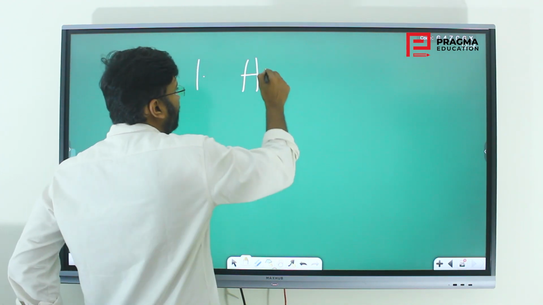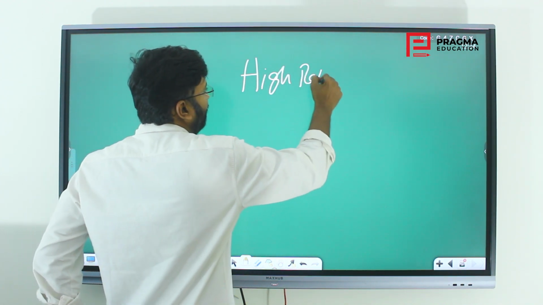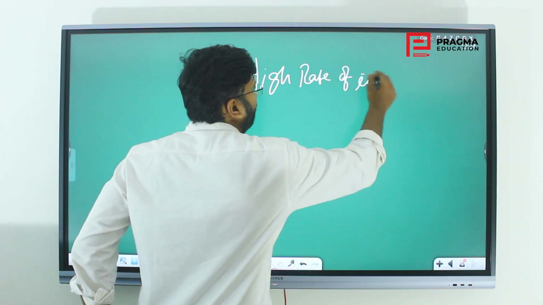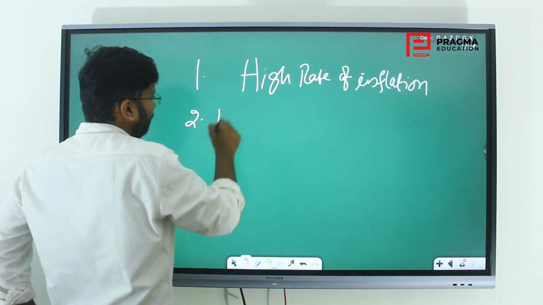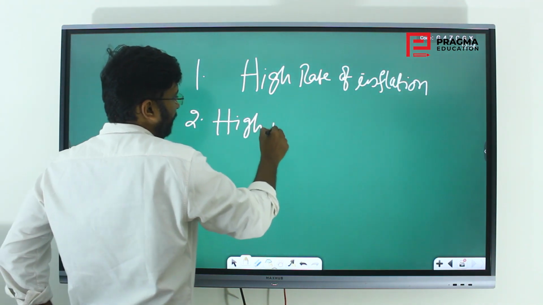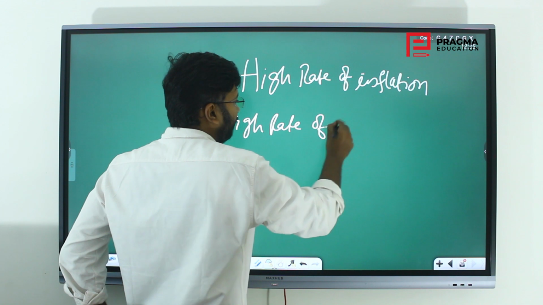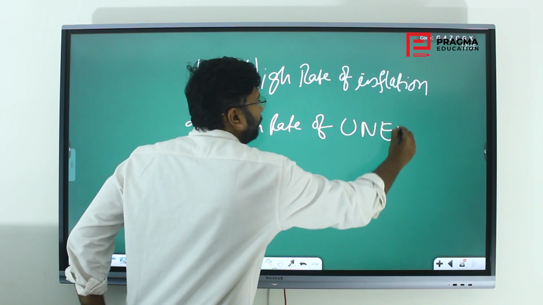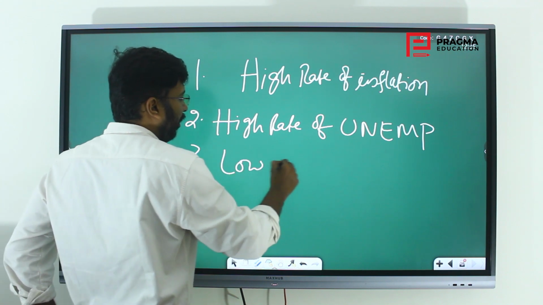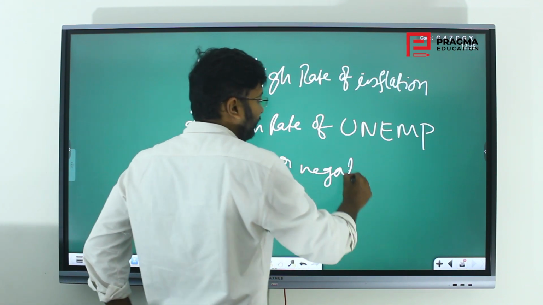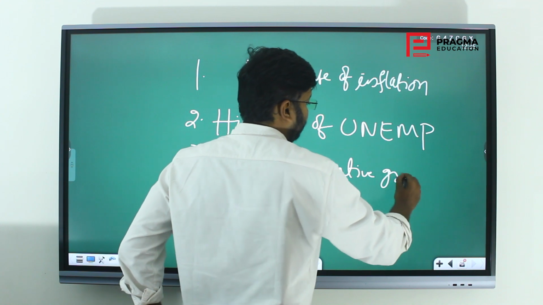If it is stagflation, it should have a high rate of inflation and at the same time a high rate of unemployment and a low or negative growth rate.